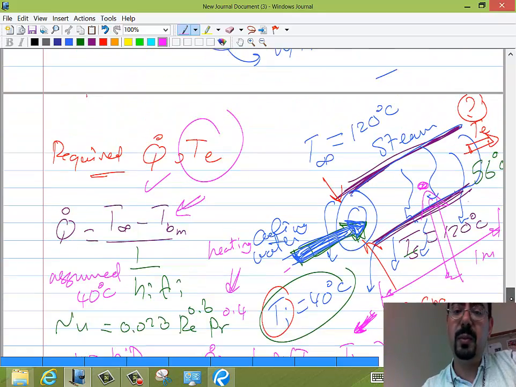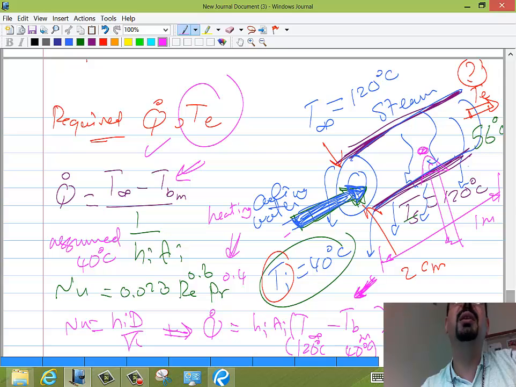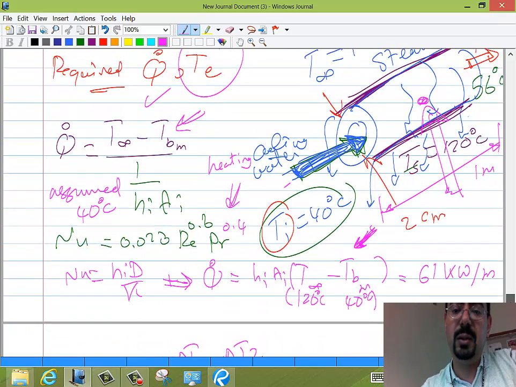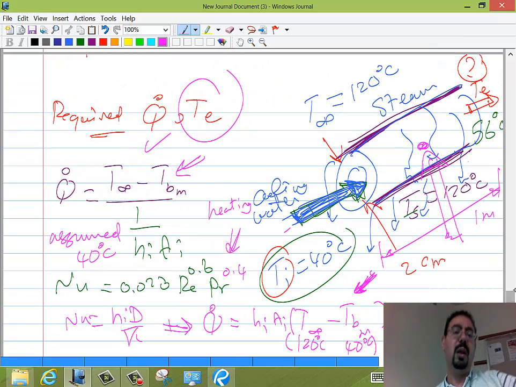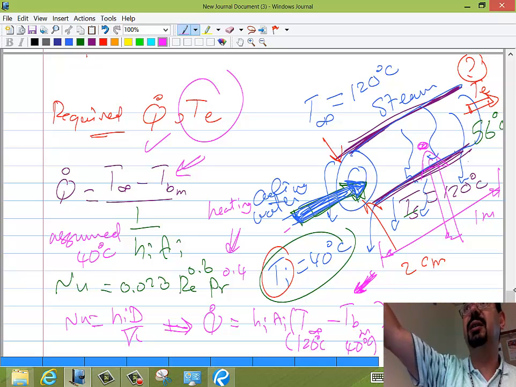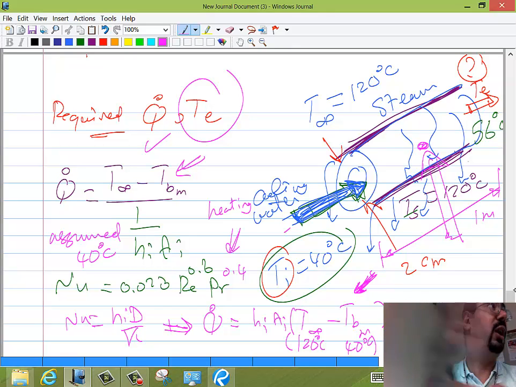What did it do with equation 8.14? What is that? Q equals m dot Cp Te minus Ti. And you have a free homework. So that Q that you just calculated, that kilowatt, coming from HA delta T or the ln delta T, whatever delta T we are going to use, that Q coming from the heat transfer is going to go to the water.